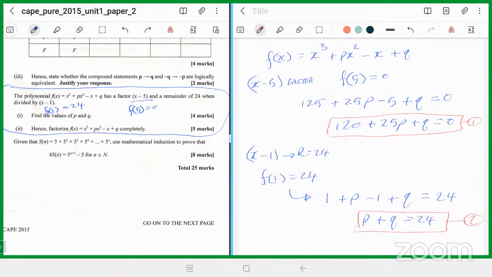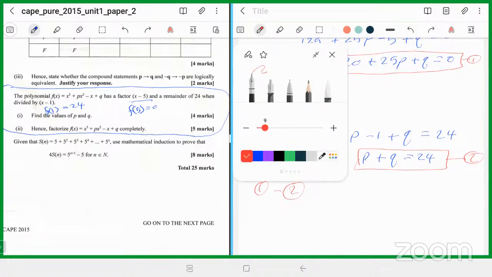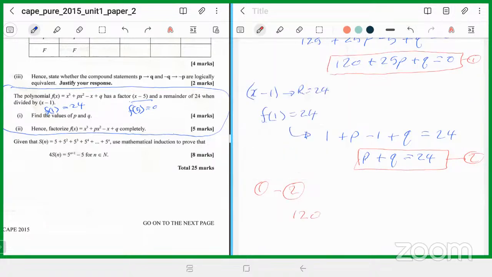Solving them simultaneously, I can eliminate these q's if I subtract them. So I'm going to do the first equation minus the second one. When I subtract equation 1 minus equation 2, I get 120 minus nothing, still 120. 25p minus p is 24p.